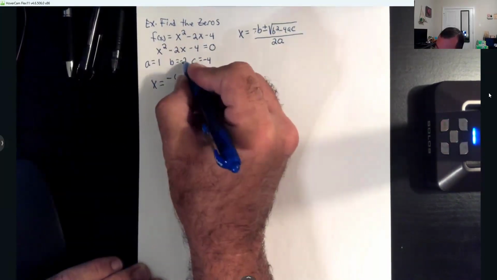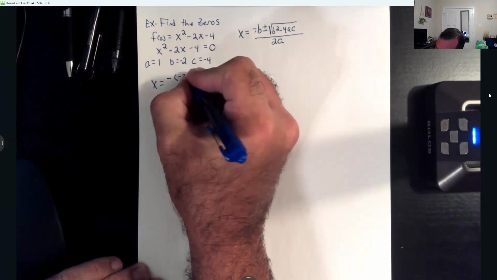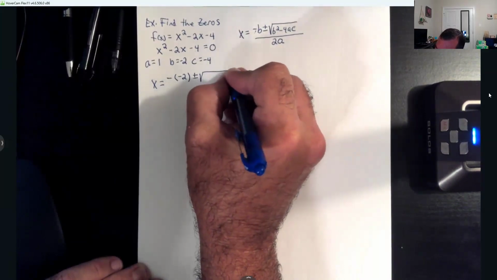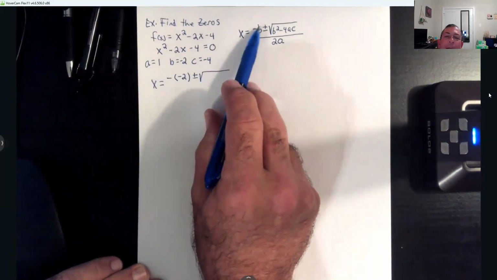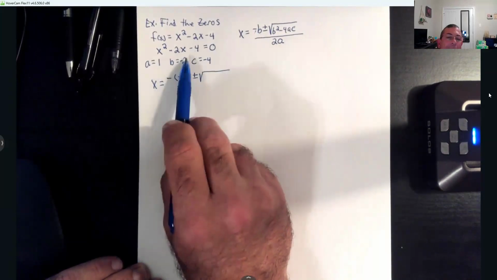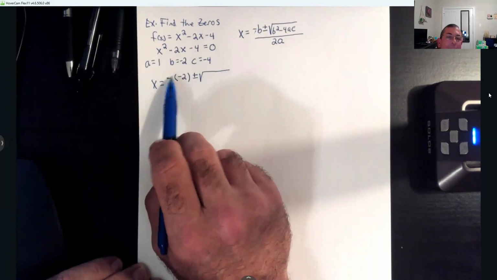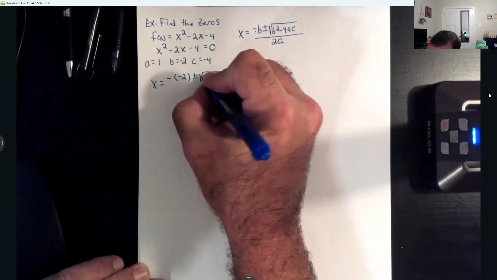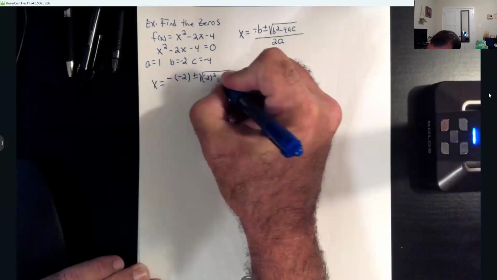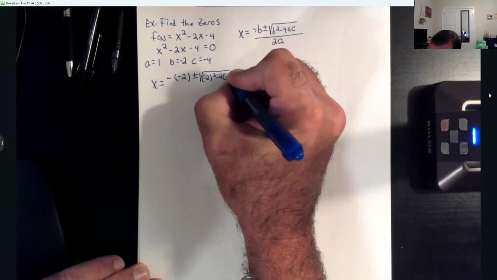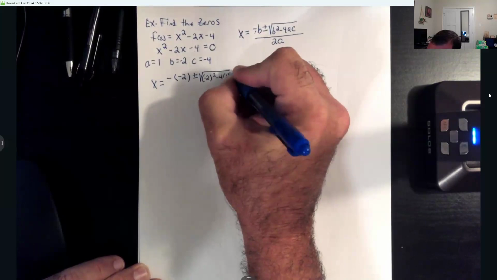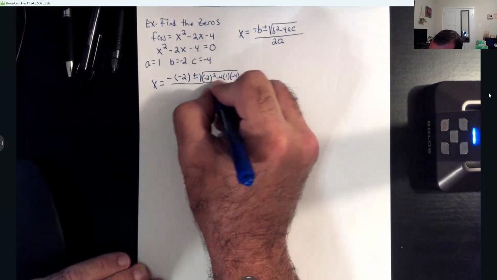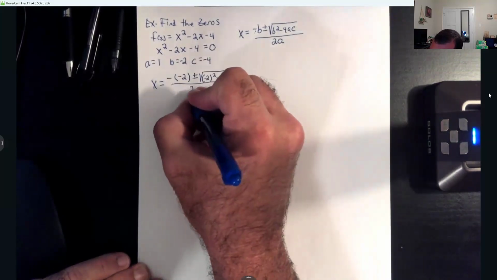Then you're going to put in your b, which is a negative 2, plus or minus square root. So really this negative right here, its only purpose is to change the sign of whatever that b was. Okay. All right, now we got b squared, which is negative 2 squared minus 4 times a, which is 1, and c, which is negative 4. All of that's over 2 times a, which is 1.